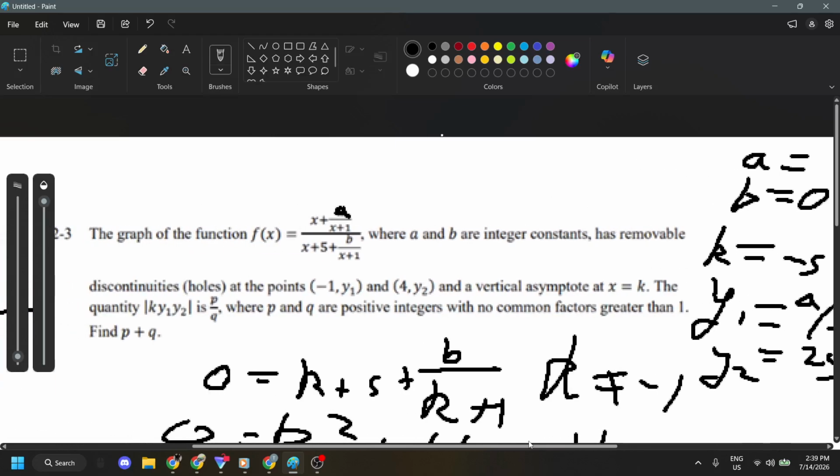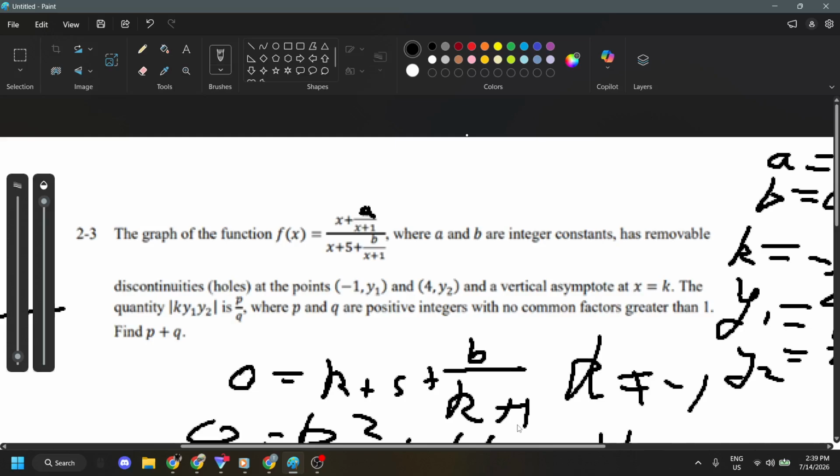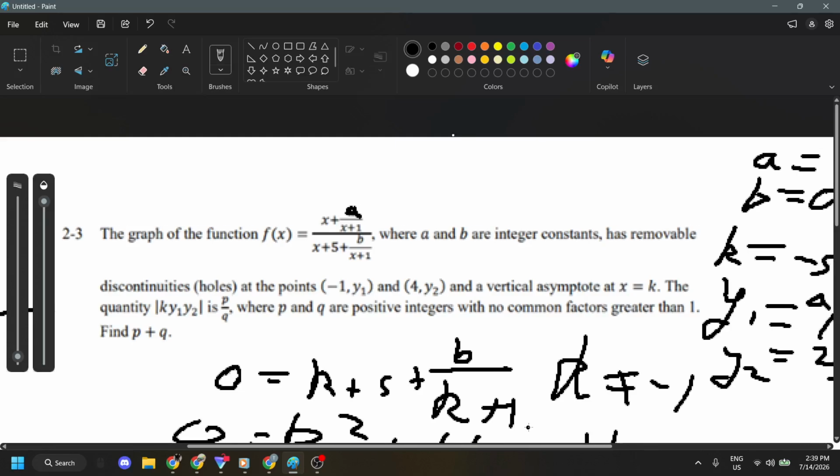Okay, so we somehow need to find a. Oh, huh. Vertical asymptote won't help us at all. Holes. I don't know where we can see the first or the second hole in this equation.